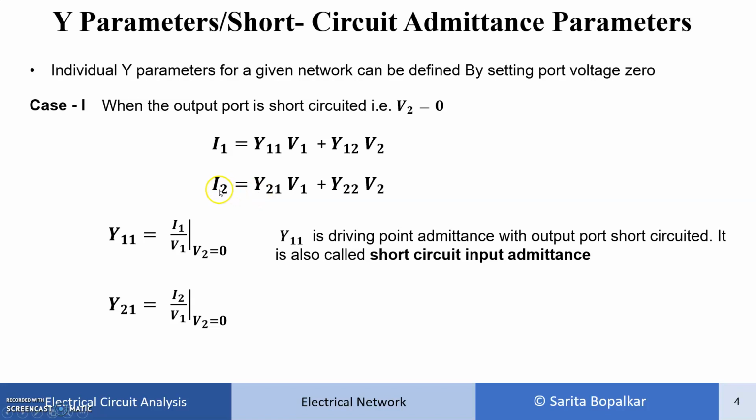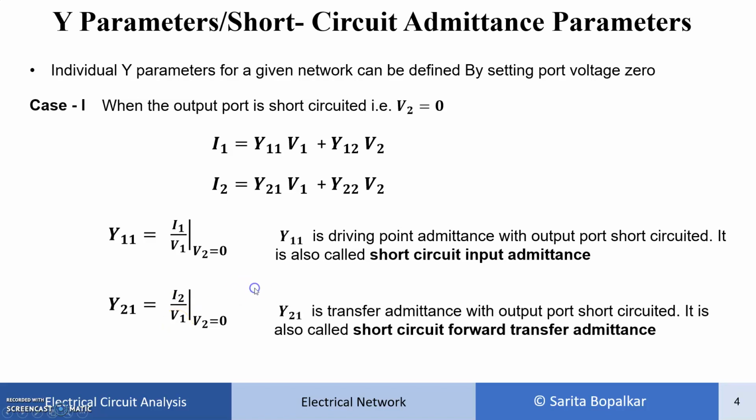Y21 is I2 upon V1 when V2 is equal to 0. Now one variable is from the output port and the other variable is from the input port. So the name is transfer. It is the ratio of current and voltage, so transfer admittance. So Y21 is the transfer admittance with output port short circuited.